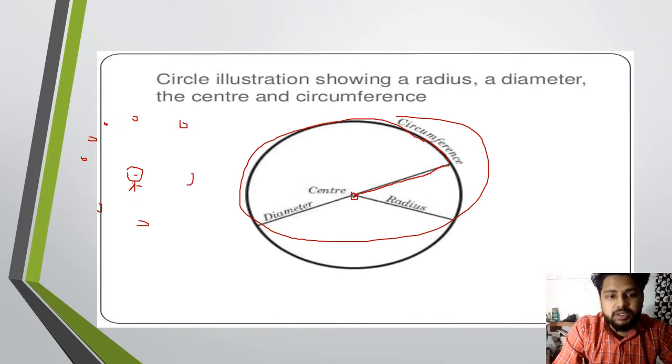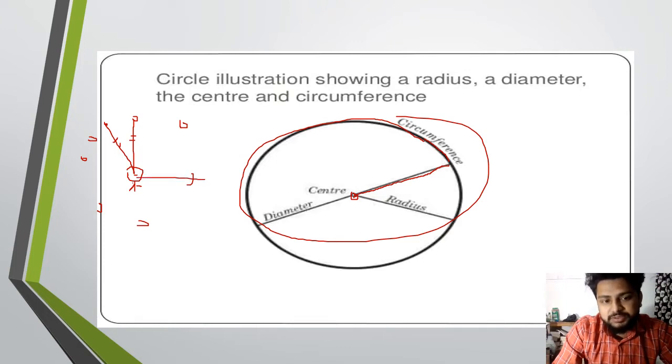When you measure the distance of all these points from you, you find that all these distances are the same.